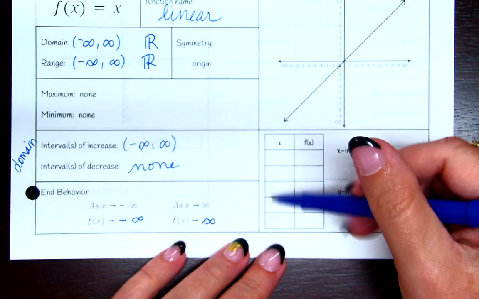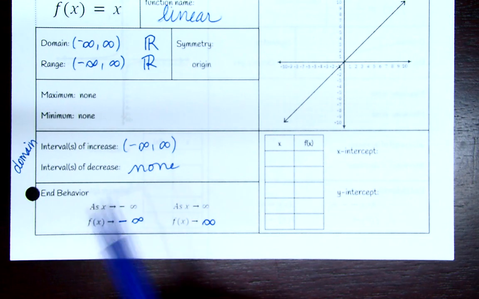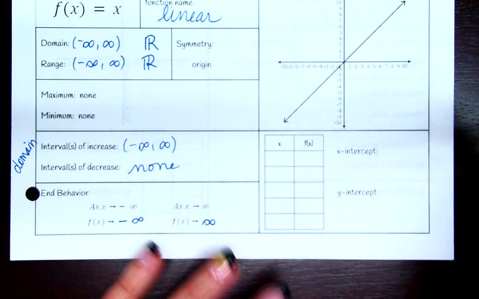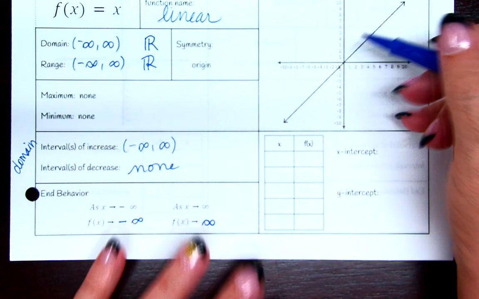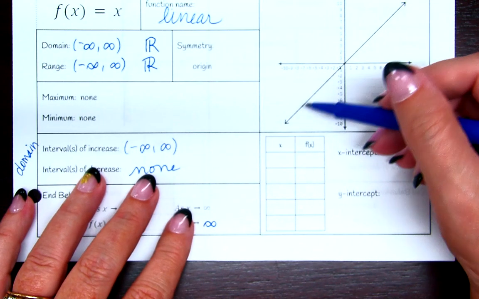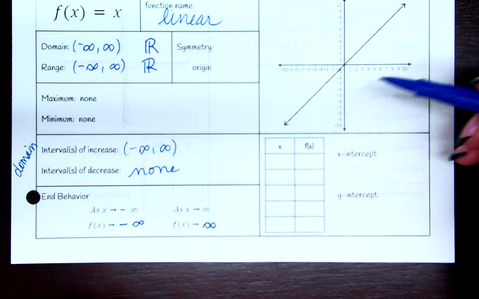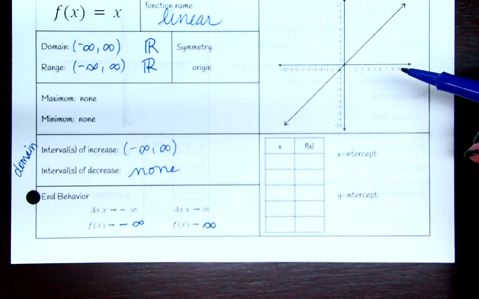Do you think it matters what values I put in the table for this graph? Do you think if I choose the middle couple that it would give me a different picture of the graph than if I pick some down here and some up here? Or will I get a good picture no matter where I put it? Probably no matter, right?